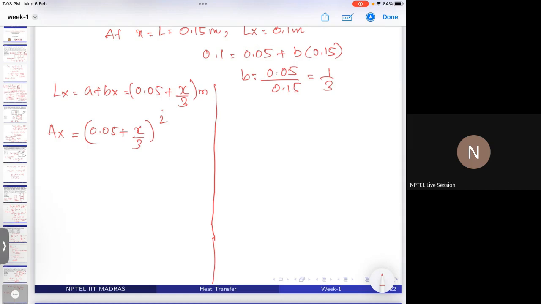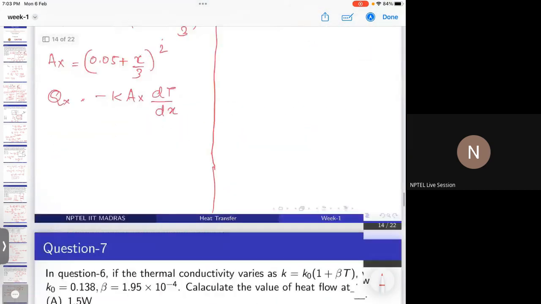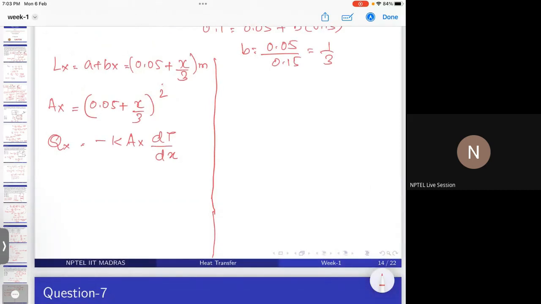Okay. So what is heat transfer? Q at any x is equal to minus K Ax dT by dx. At any x, our aim is to find out what is Q. So Q is equal to minus K times 0.05 plus x by 3 the whole square dT by dx.